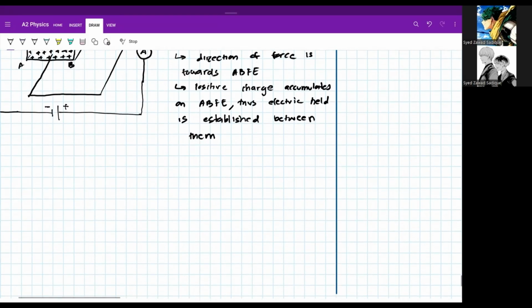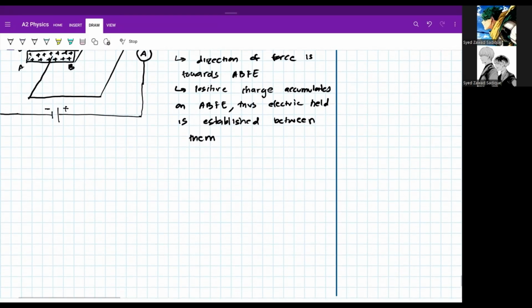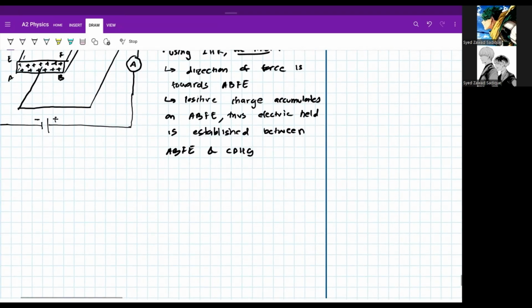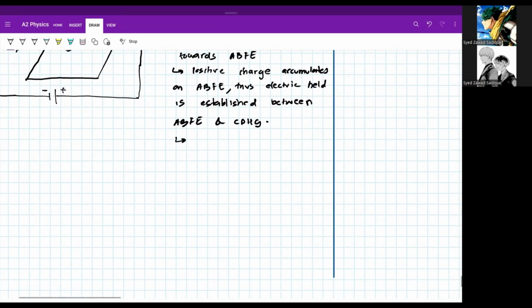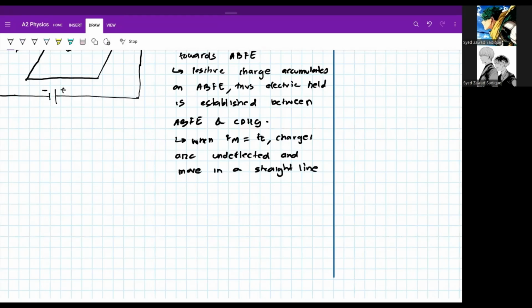Sorry, let me write it: between ABFE and CDHG. So when the magnetic force equals the electric force, charges are undeflected and move in a straight line.